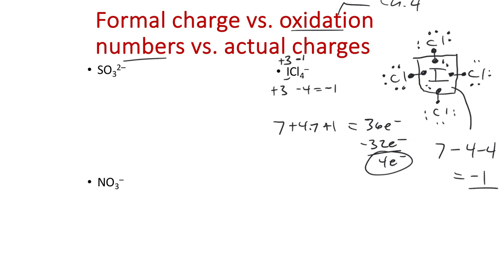Iodine has 8 electrons closest to it within the Lewis structure, so it ends up with a -1 formal charge. So I might write a little -1 for the iodine. The chlorines are all 0. They're all 7 - 7. And so they're all neutral. Generally, I don't write zeros all around for the neutral charges, so I'll just leave those blank.